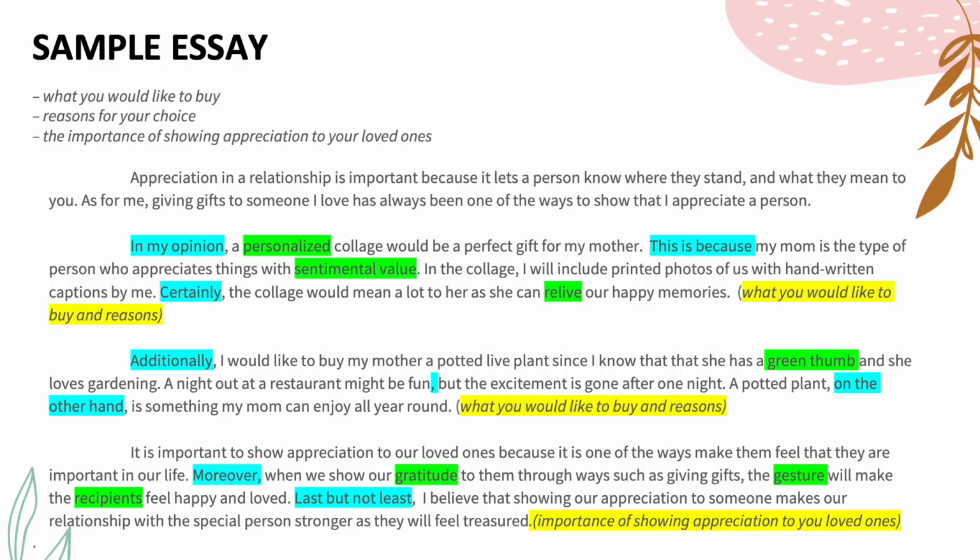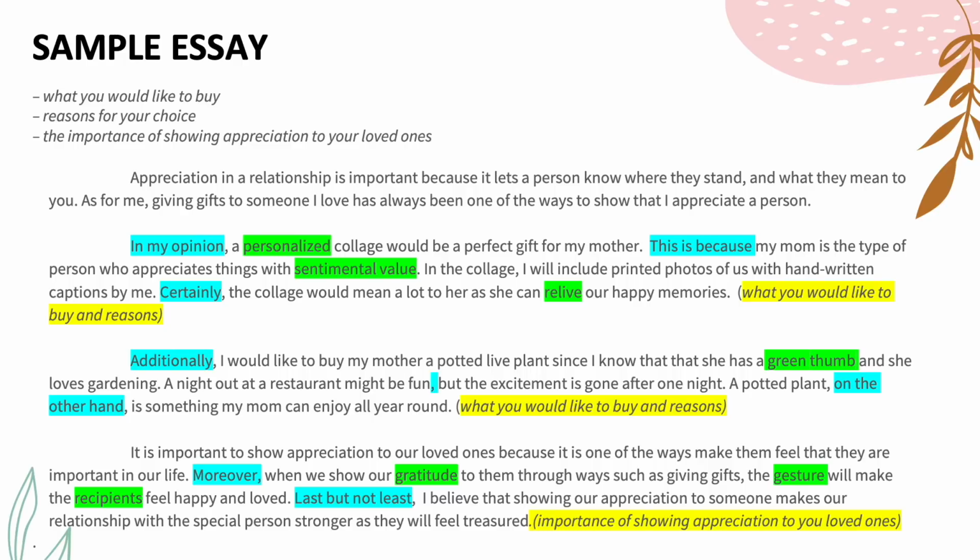In the collage, I will include printed photos of us with handwritten captions by me. Certainly, the collage would mean a lot to her as she can relive our happy memories. Additionally, I would like to buy my mother a potted live plant since I know that she has a green thumb and she loves gardening. A night out at a restaurant might be fun, but the excitement is gone after one night. A potted plant, on the other hand, is something my mom can enjoy all year round.